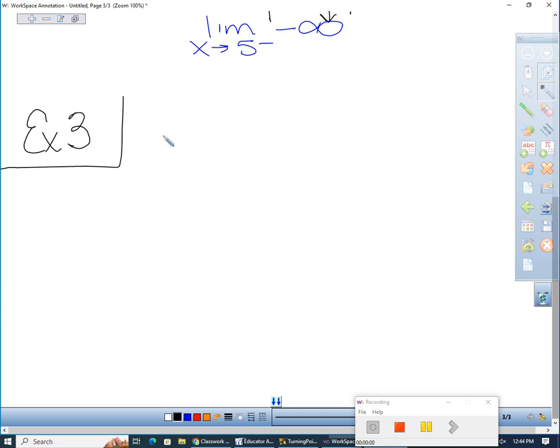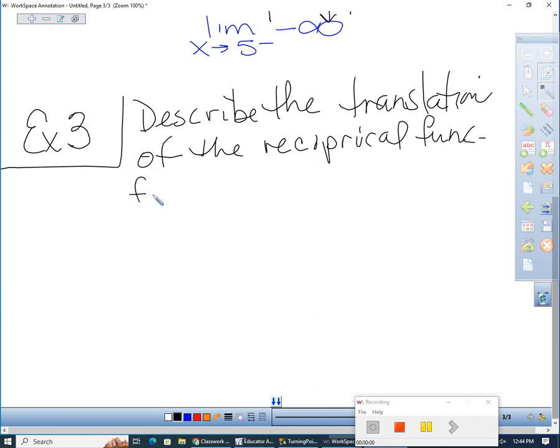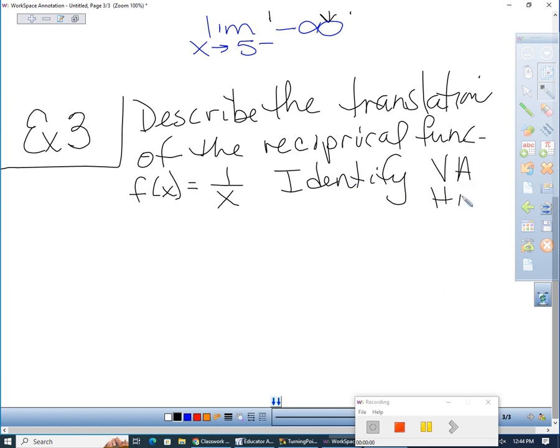Describe the translation of the reciprocal function f of x equals 1 over x, and then identify vertical and horizontal asymptotes.